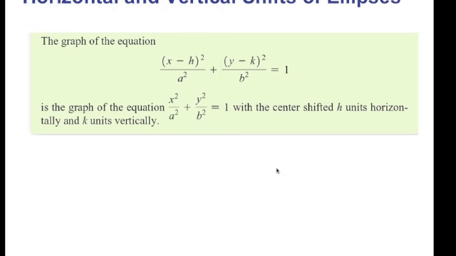Now, sometimes we can have that shift. So we've got x minus h, the quantity squared, and y minus k, the quantity squared. That means it's shifted h horizontally and k vertically. H with the x and k with the y. So we've moved it over.